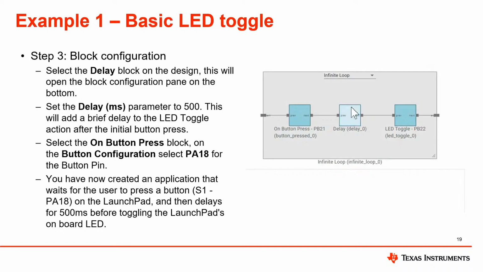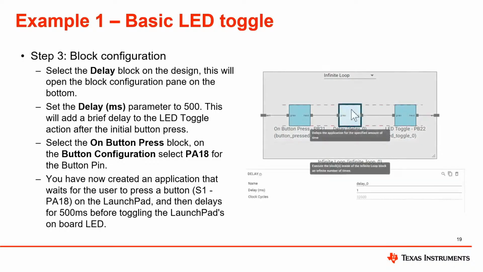So in this case, for the basic LED example, we will select the delay block on the design and then set the delay parameter to 500 milliseconds. This will add a brief delay to the LED toggle action after the initial button press.